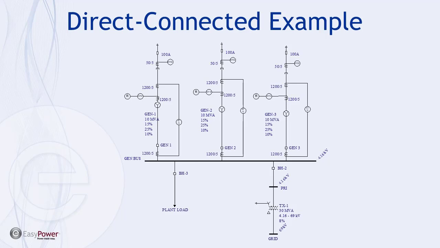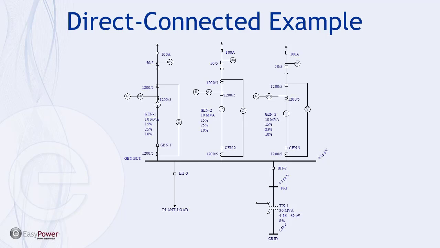So the difference here is I don't have the transformer for each generator to isolate it from the rest of the system. So there is interaction between the generators and the rest of the system, particularly for ground faults.